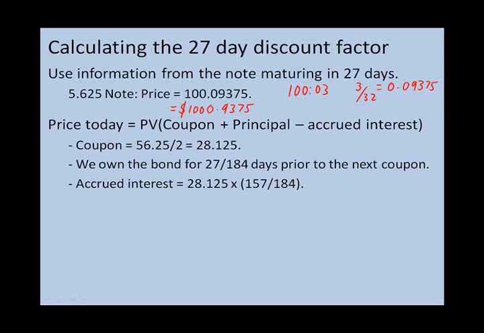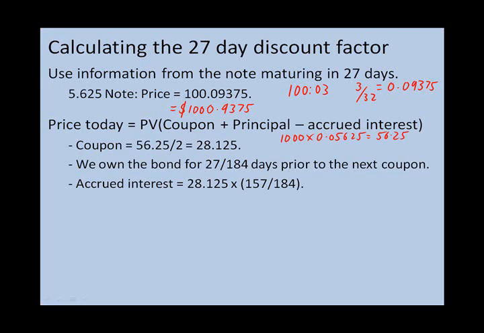We know that the coupon is 5.625%. That means in dollar terms, if the face value is $1,000, the coupon payment is going to be equal to $56.25. But coupons are paid semi-annually with government notes.